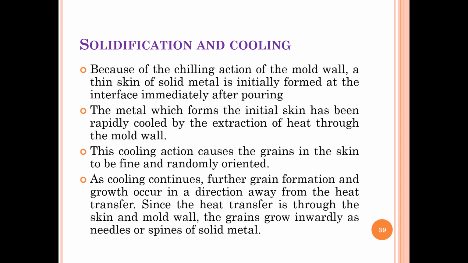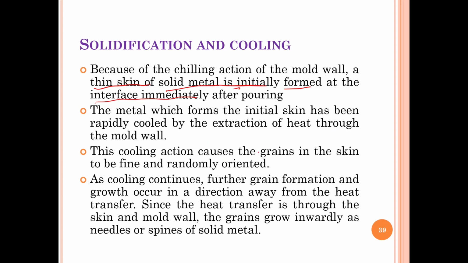Because of the chilling action of the mold wall, a thin skin of solid metal is initially formed at the interface immediately after pouring. The metal which forms the initial skin has been rapidly cooled by the extraction of heat through the mold wall.